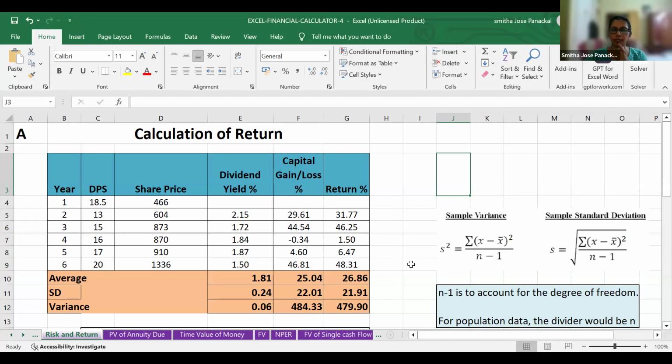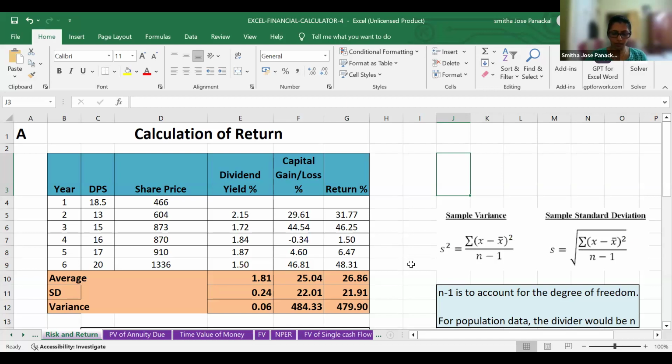Then how will you calculate risk? Before going to the calculation, total risk can be segregated into two: systematic risk and unsystematic risk. Which is controllable, which is uncontrollable? Systematic risk is uncontrollable and unsystematic risk is controllable.